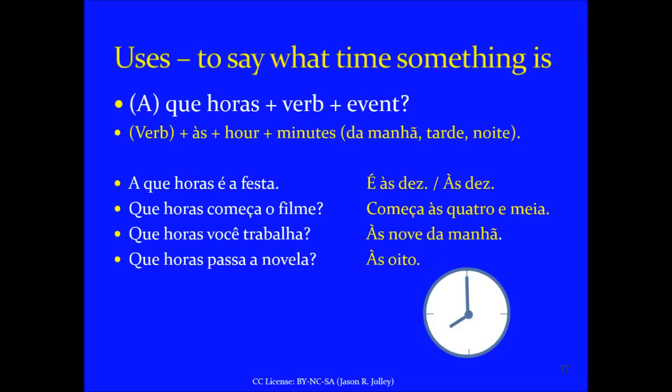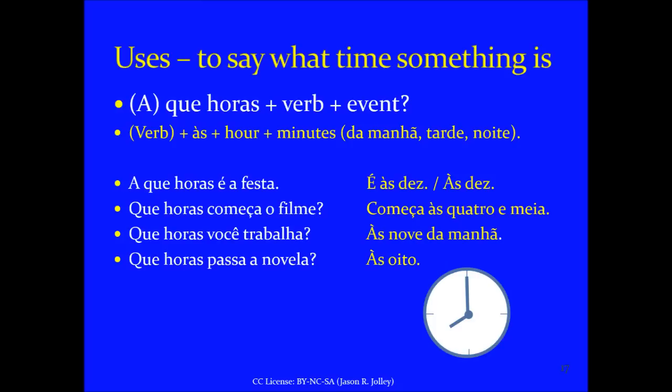And then the way to answer this, you can see in yellow, is usually you have the verb, whether that's the verb ser, é às 10, or começa às 4, and then the hour and the minutes, and then optionally in the morning, in the afternoon, at night. A que horas é a festa? É às 10. Or I could leave off the verb and just say, às 10.